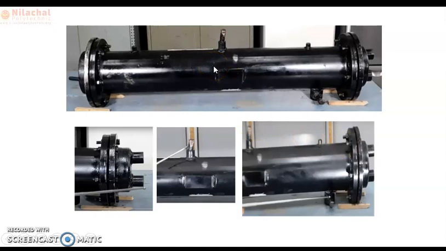This is the actual diagram, and here is the water inlet and here is the water outlet. Water in and water out. And this is where the refrigerant from the compressor comes in, and here the refrigerant goes out. Here refrigerant in and here refrigerant out.